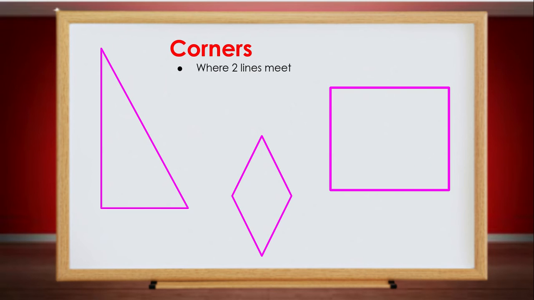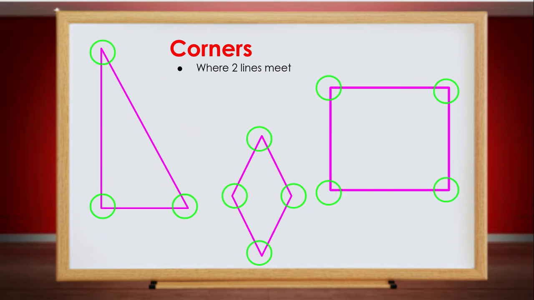A third attribute I want to think about is corners. And what are corners? Well, corners are where two lines meet. So what can you tell me about the shapes in front of you? That's right. Our first shape on the left has three corners, as you can see with the green circles.